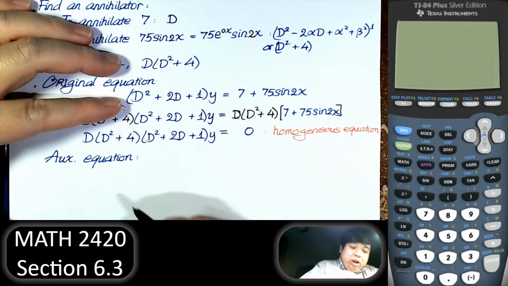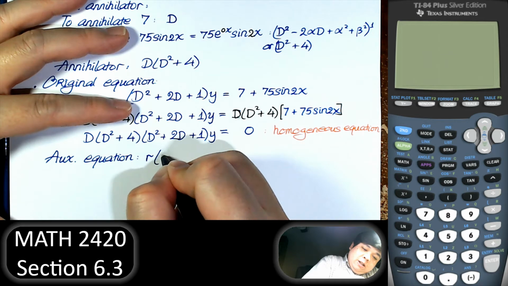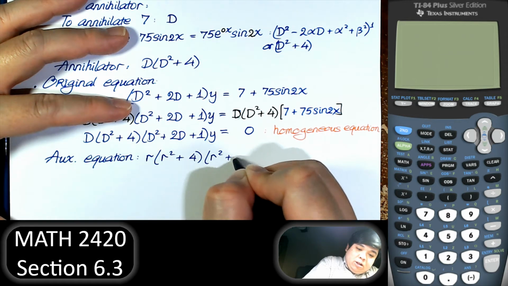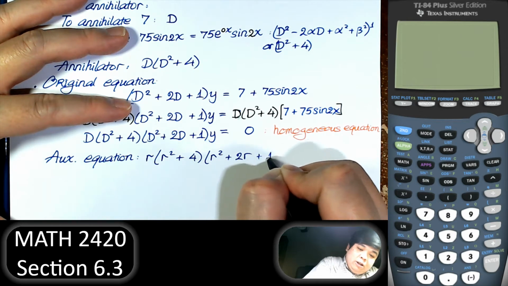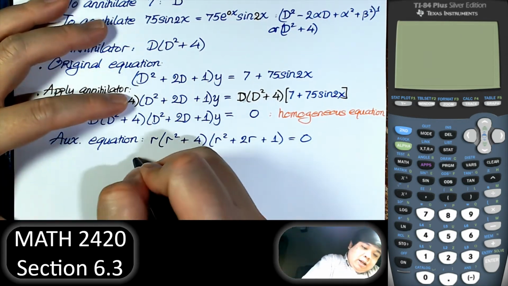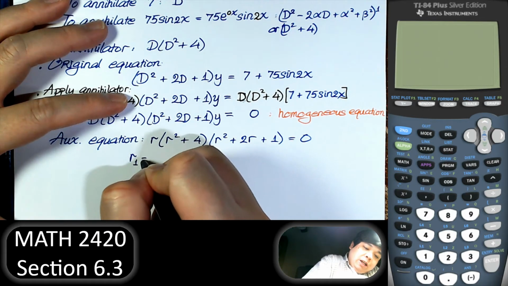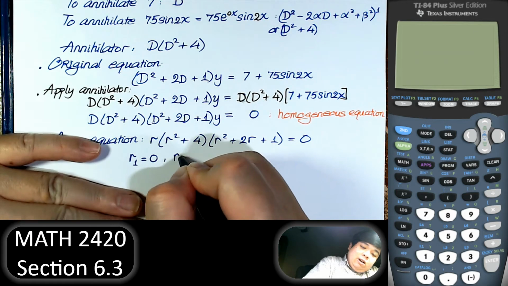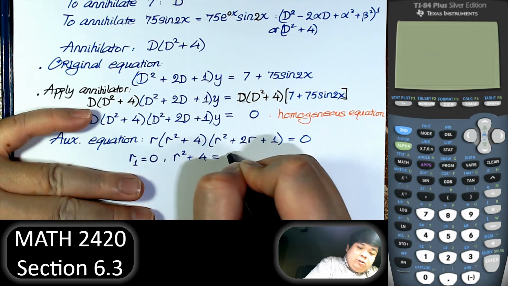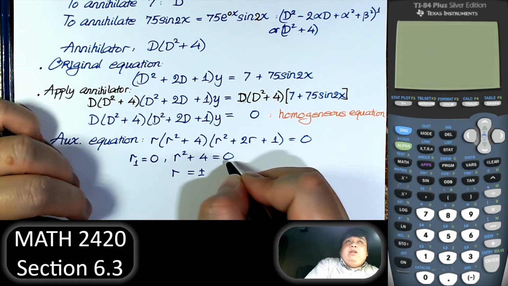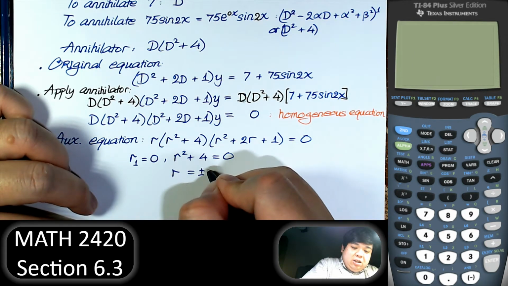Instead of D, we have R. So we have R squared plus 4, R squared plus 2R plus 1 equal to 0. And then we just solve for R. R1 equal to 0. Next, R squared plus 4 equal to 0. So we have R equal to plus or minus square root of negative 4, so plus or minus 2i.